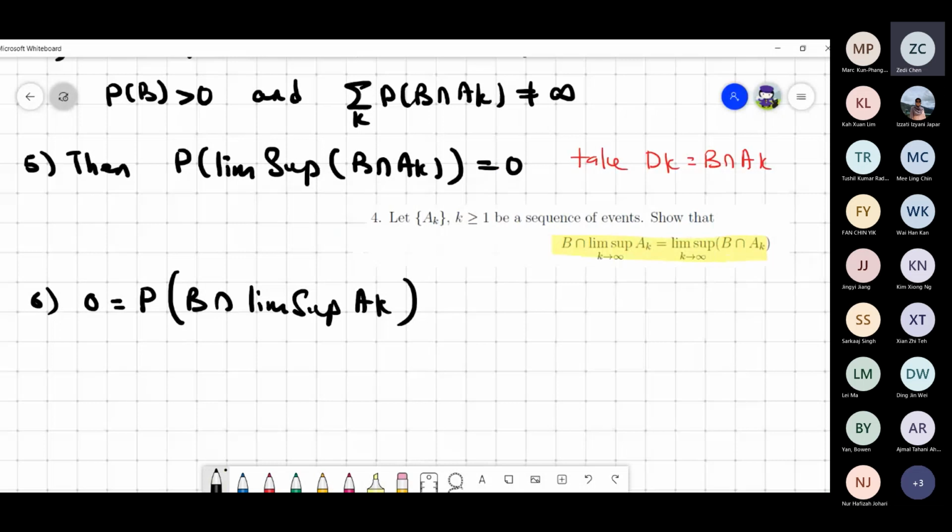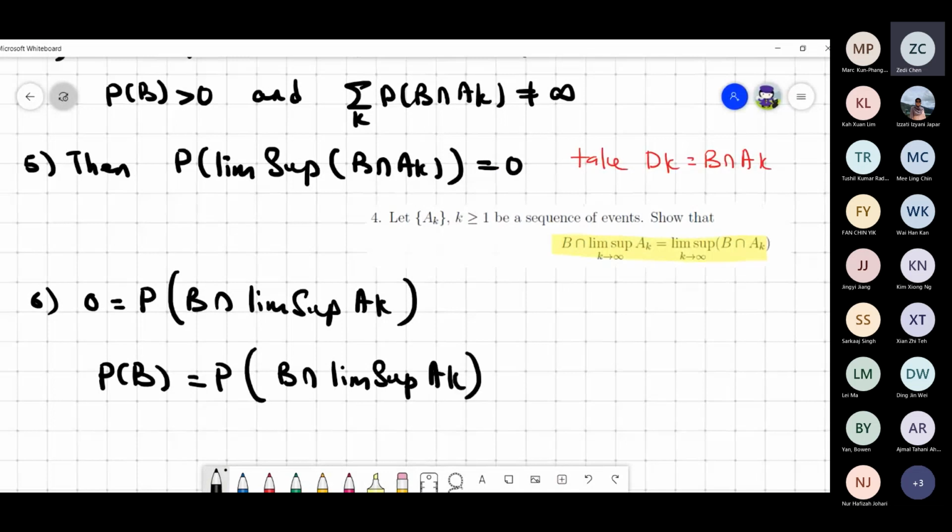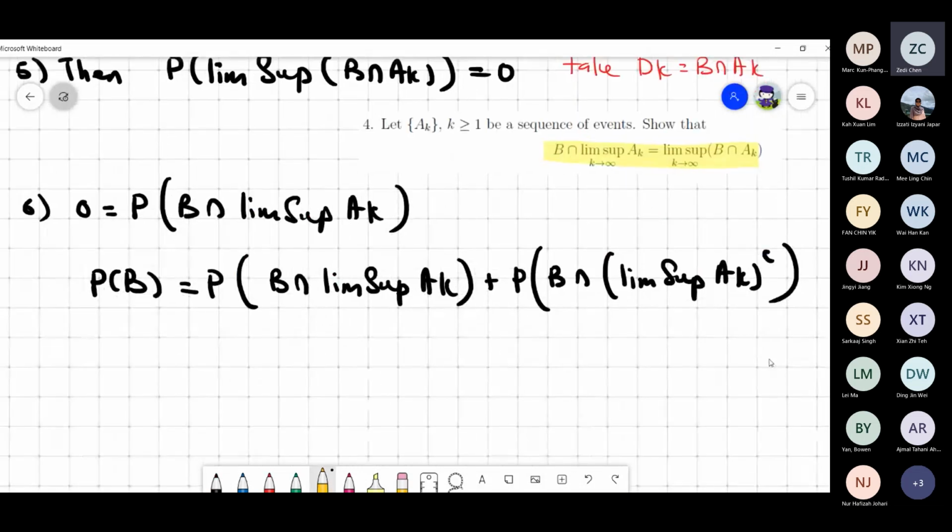Okay, next, P(B). Okay, P(B) can always be written as P of B intersect lim sup of AK plus P of B intersect the complement of lim sup of AK. This just refers back to question 1, what we have discussed just now, where we have A1 and A2.